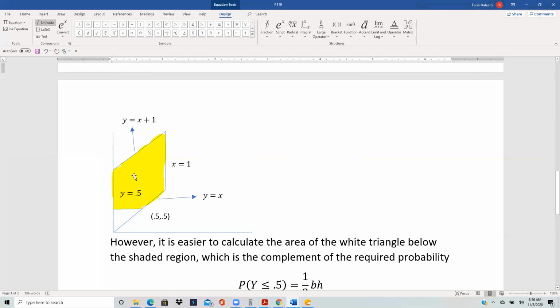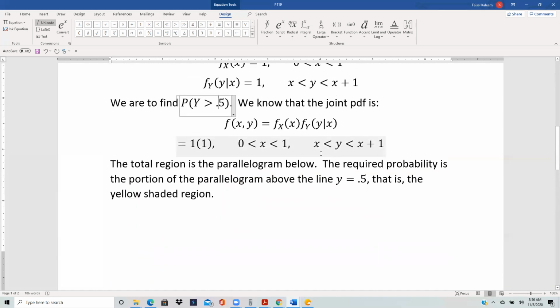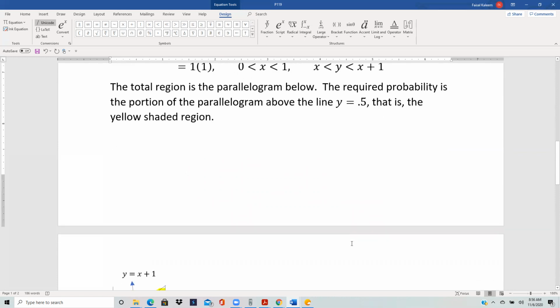And the total area, since this is the total area coming from a joint PDF, is always 1. You can check it, but you don't have to, because the total parallelogram corresponds to this joint PDF, and therefore the area has to be 1 under any joint PDF.